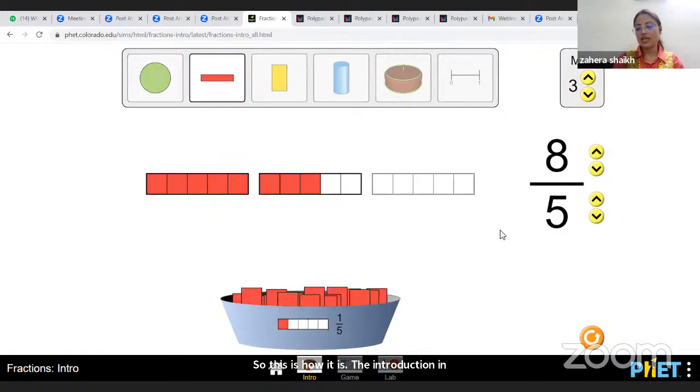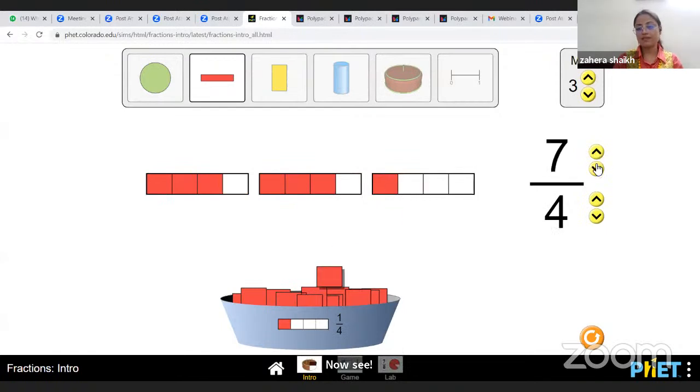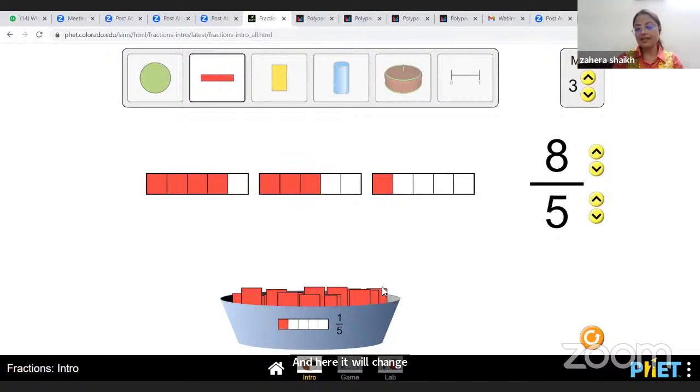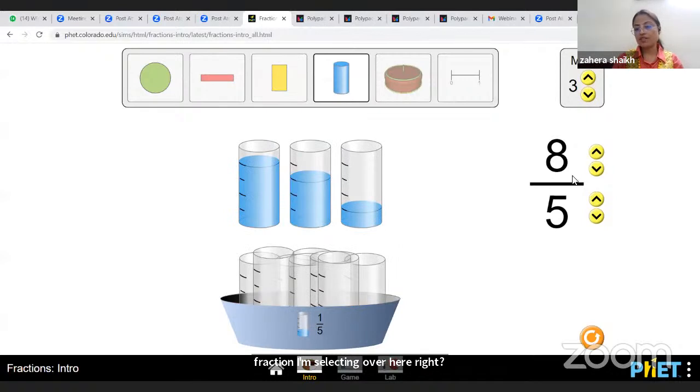Now I want to see it in tape or the rectangular shape. And here it will change the tags as per the fraction I'm selecting over here, right? This is vertical, this is your cylindrical, right?